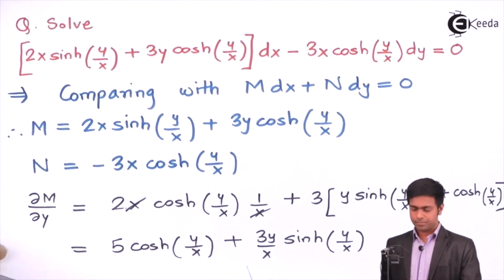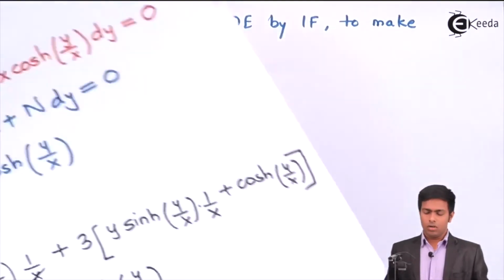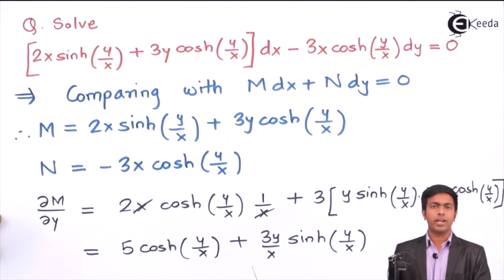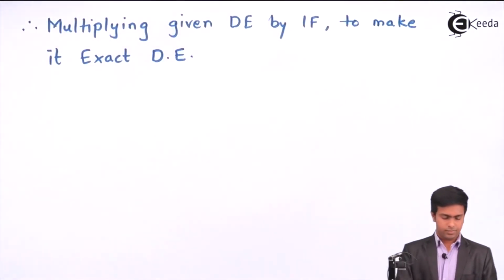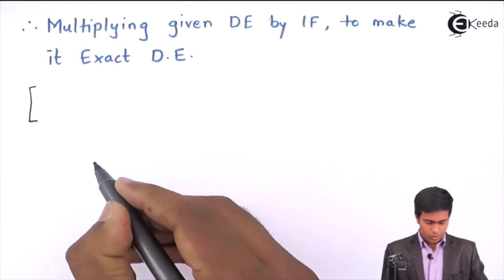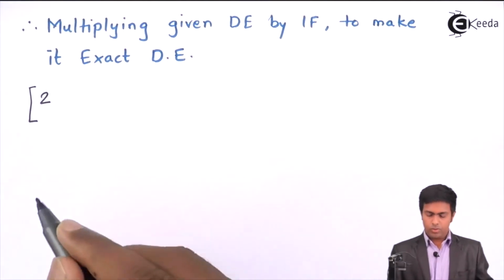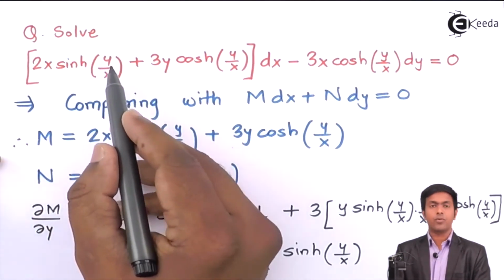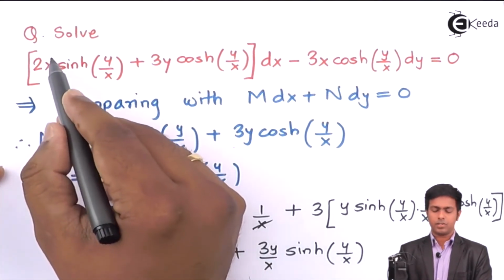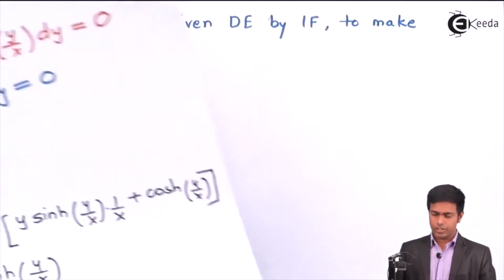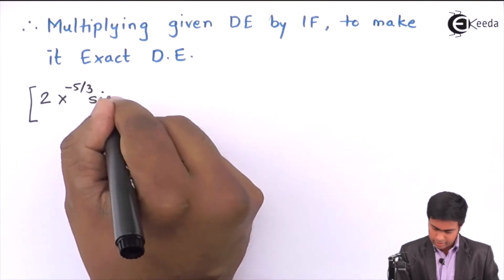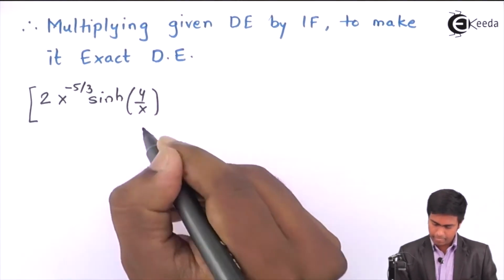So multiplying this equation by 1 upon x raised to 8 by 3, we will get, in bracket, 2x sinh(y/x) upon x raised to 8 by 3. So that will go up and this will become x raised to 1 minus 8 by 3, which is x raised to minus 5 by 3 sinh(y/x).